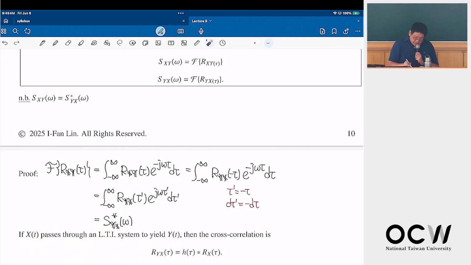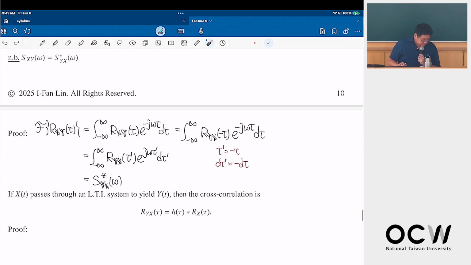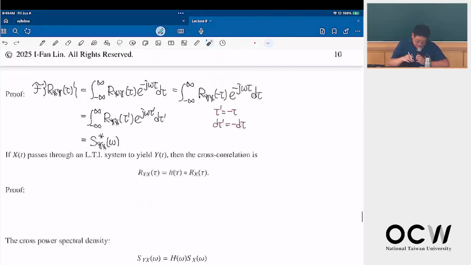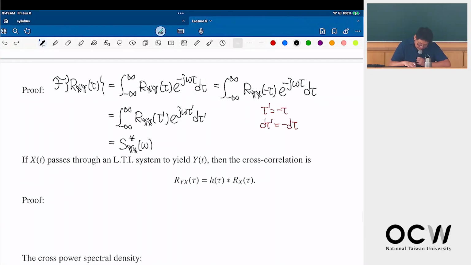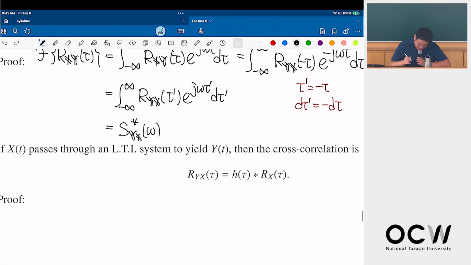And here I have X to pass an LTI system and to get Y. Then the cross correlation. Here's the cross correlation. Let's prove this. So what is the cross correlation of YX? That's expectation. Y first will be t plus tau, then X of t.